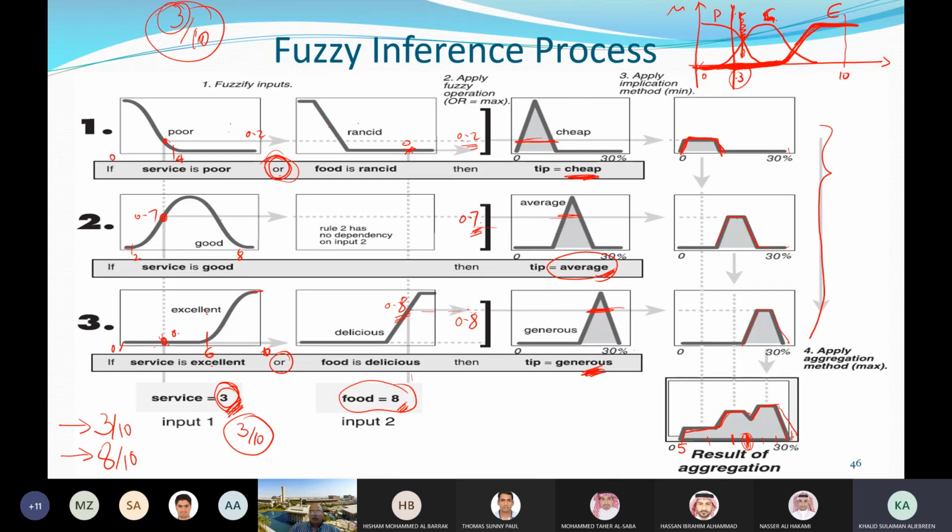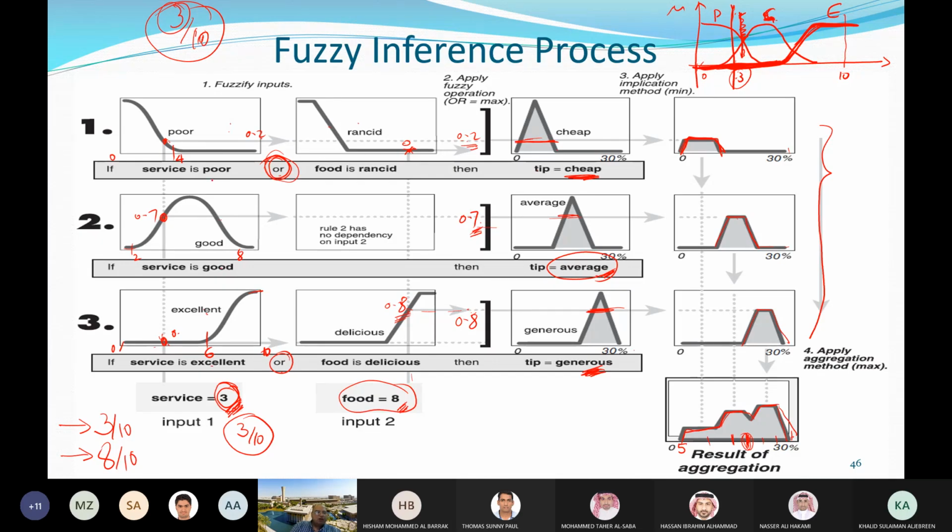Of course, if you have experience with your plant or your problem, you can develop the rules. Here you have only 3 rules.